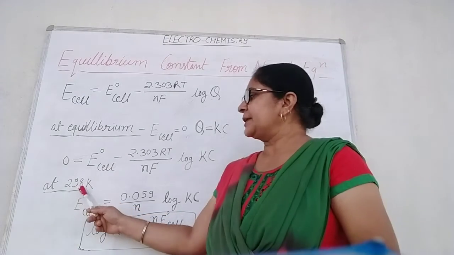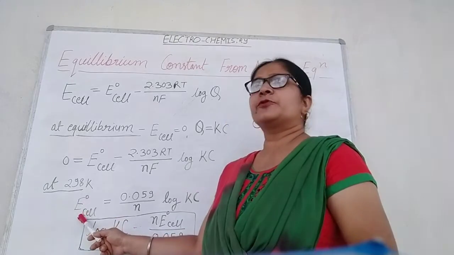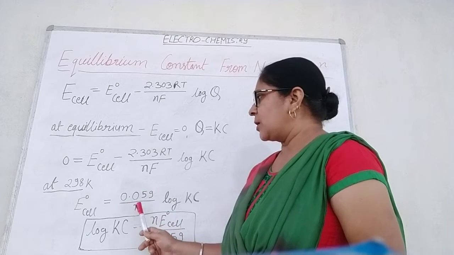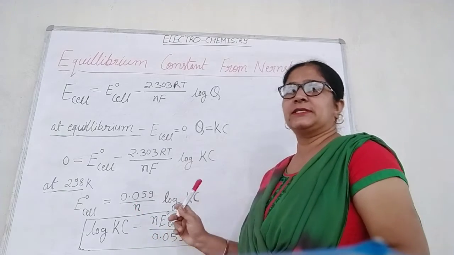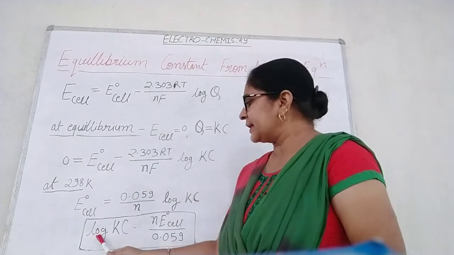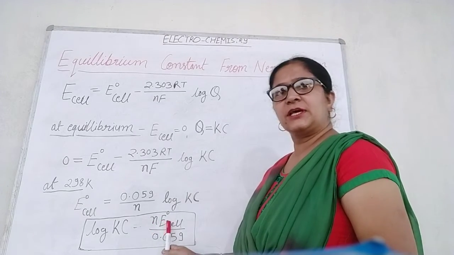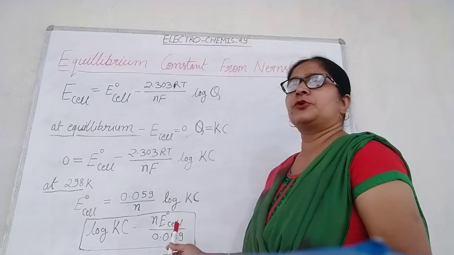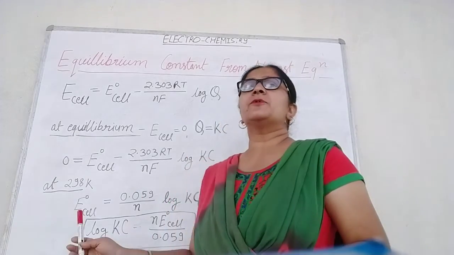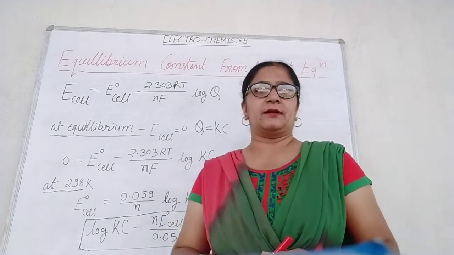At 298 Kelvin temperature, we will write this standard cell potential is equal to 0.059 upon n log Kc. Or we can write that log Kc is equal to n into standard cell potential upon 0.059. In this way, we can determine equilibrium constant from the value of standard cell potential, right?